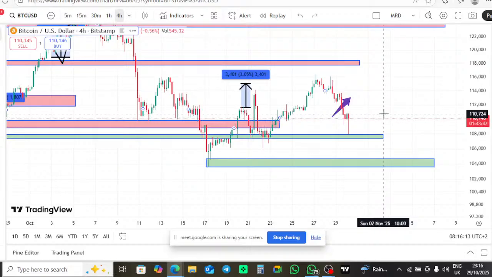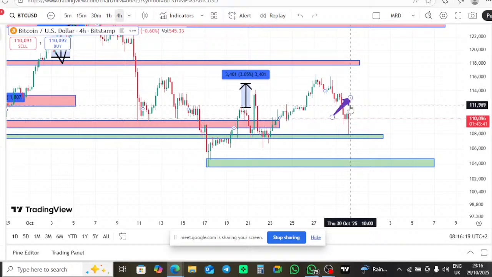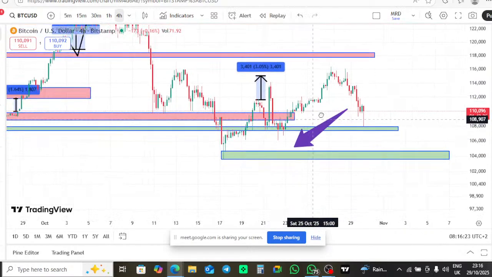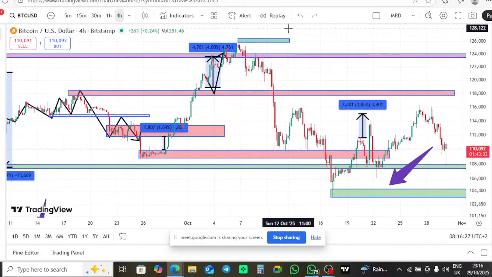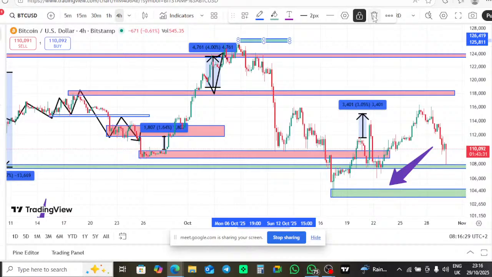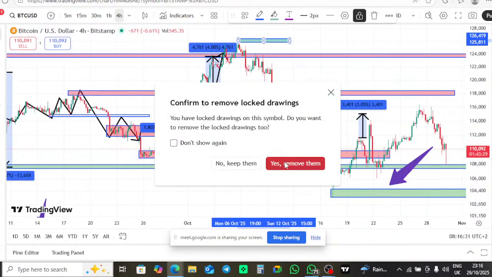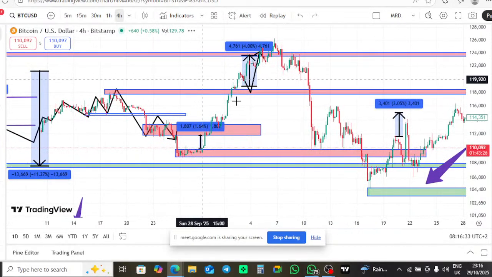Okay, so if we talk about support, we mean, when you look at this chart here, I have many lines. You may not understand them, but you will understand them slowly.